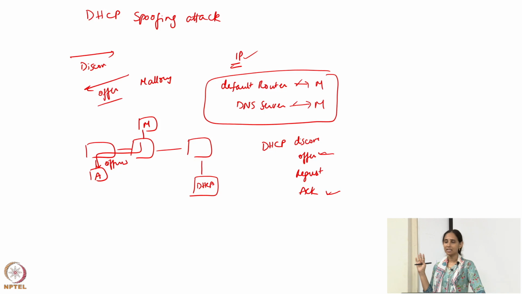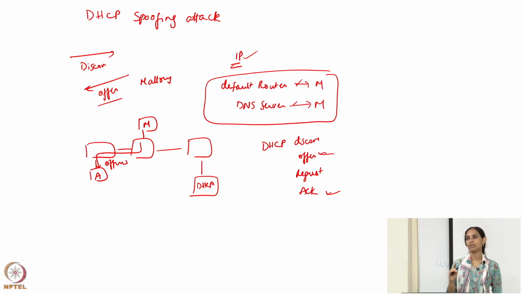So basically Alice may potentially get two offers, but that is also in some sense a feature of the DHCP protocol. There is nothing saying you have to run only one DHCP server. In fact, a lot of organizations, for reliability purposes, will have multiple DHCP servers which operate over different pools of IP addresses.